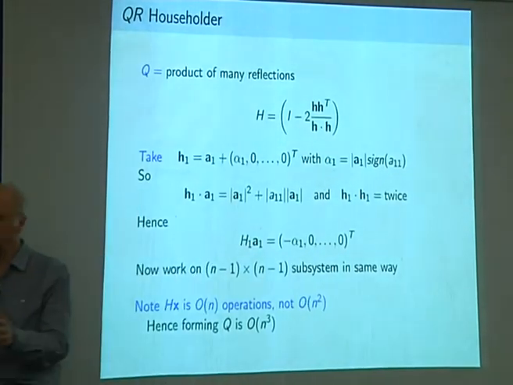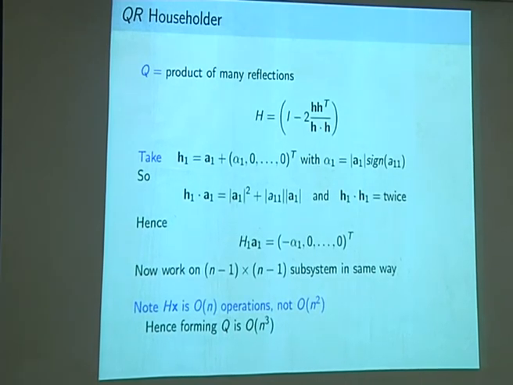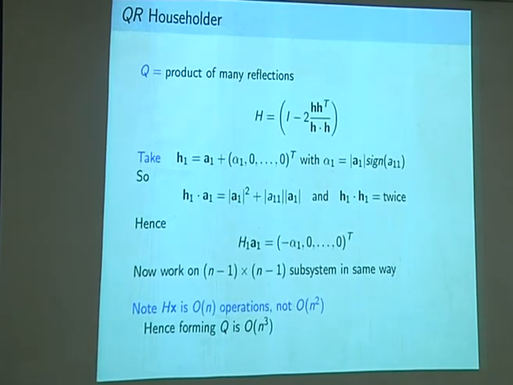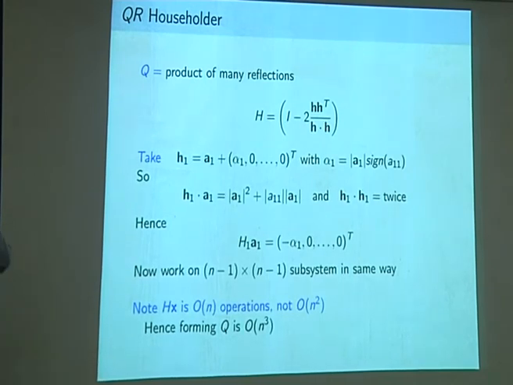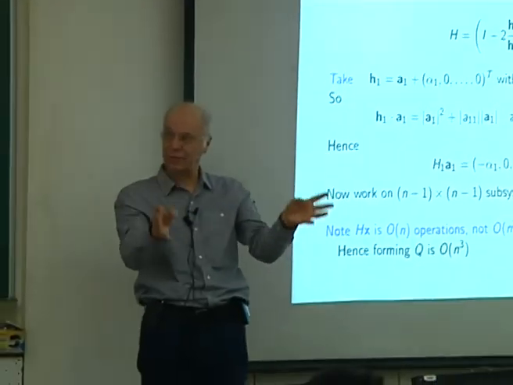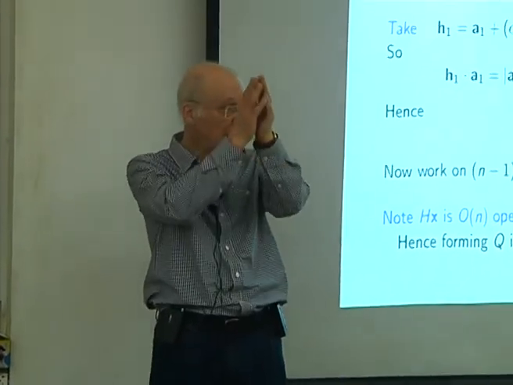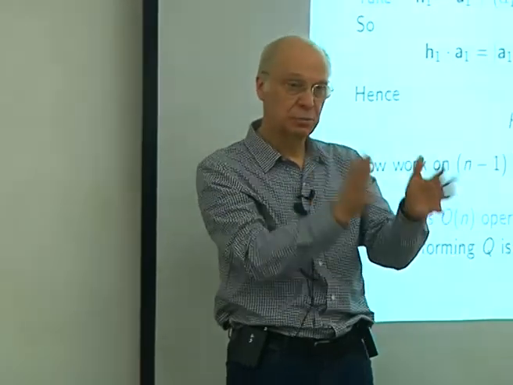So this H operated on the matrix A puts zeros down the first column, other than the top term. So I've produced something and then zeros underneath. We then think about the n minus 1 by n minus 1 part that's left and produce H2 that operates down there with 0 at the top. And then it's a product of them.